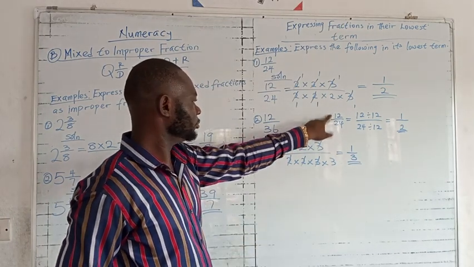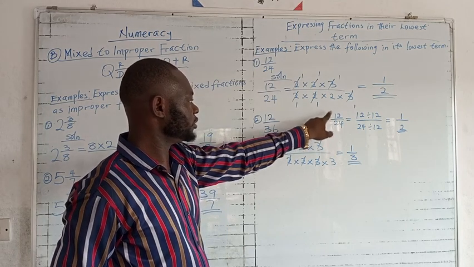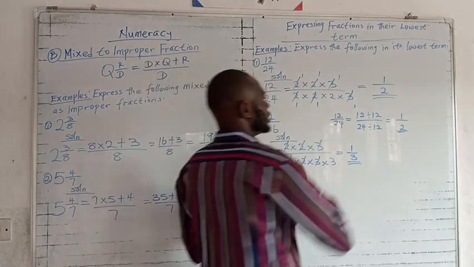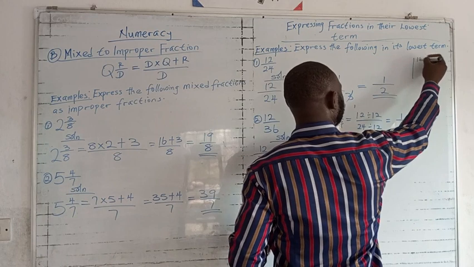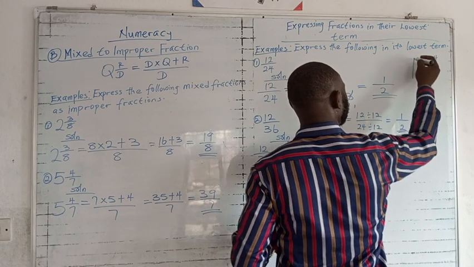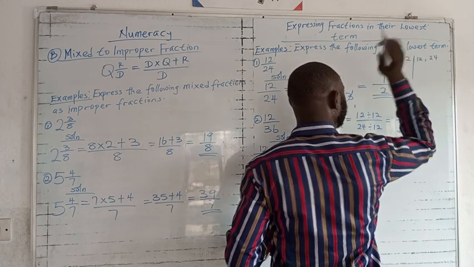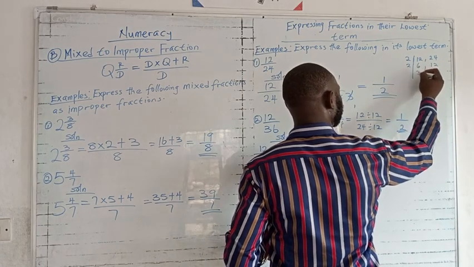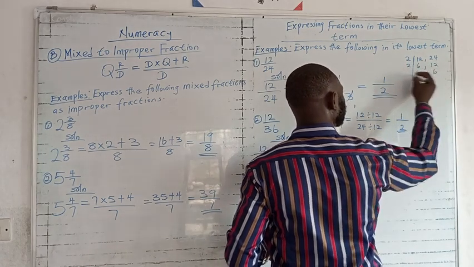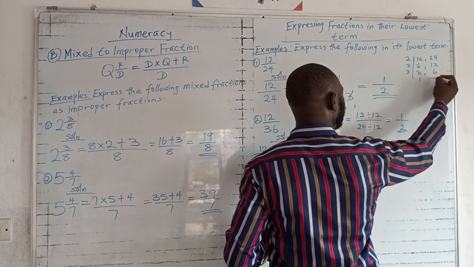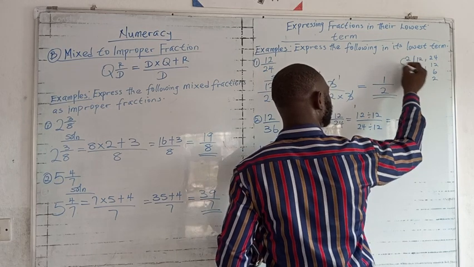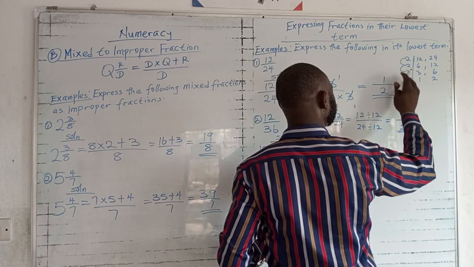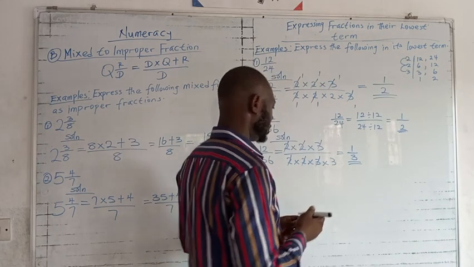If you don't believe that 12 is the HCF of 12 and 24, let's find the HCF. 12, 24. 2. I'm using method 2. 6, 12, 2, 3, 6, 2 cannot go, 3, 1, 2, nothing again can go. 2 times 2, 4. 4 times 3 is 12. Okay?